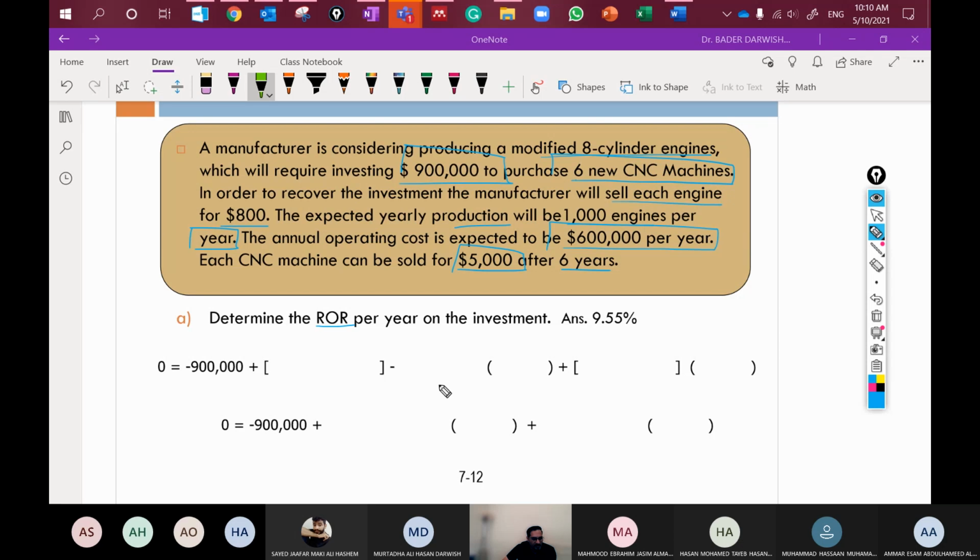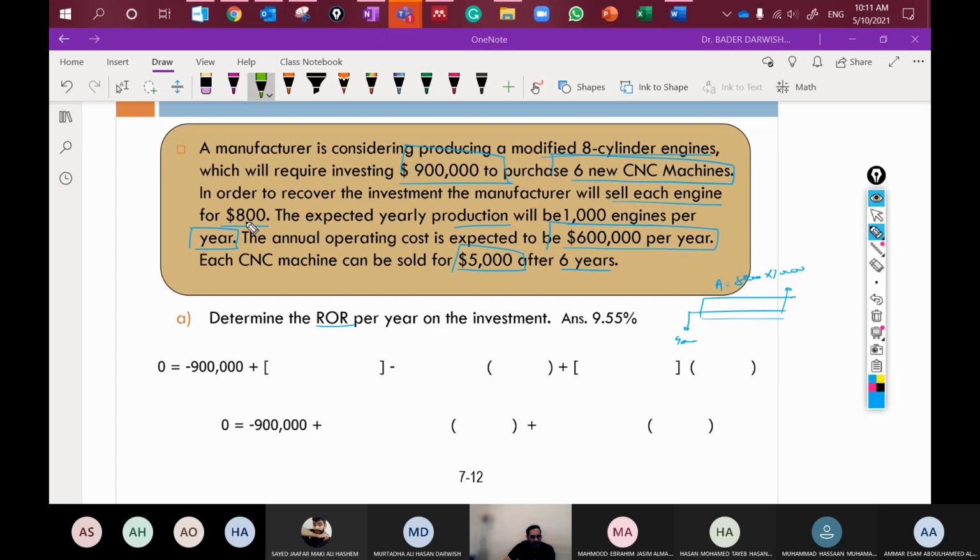So what I'm going to do is start to put the data in. If I'm going to draw it, guys, this is the expected. So I'm going to have here A equals 800 multiplied by 1000.